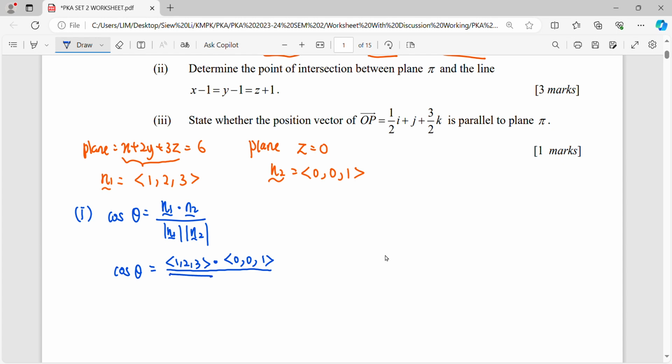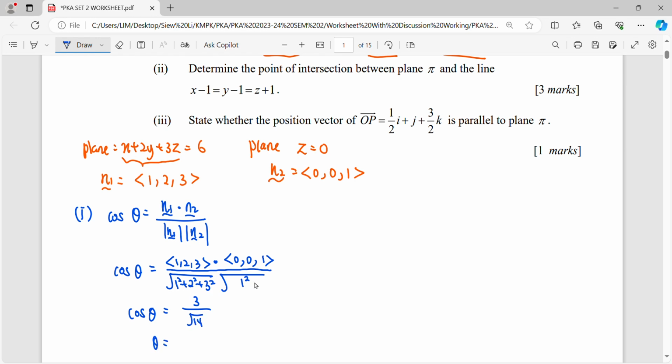Magnitude is the square root of x squared, y squared, z squared. The dot product: x times x is 0, y times y is 0, z times z, we get 3. The magnitude, we get square root of 14.